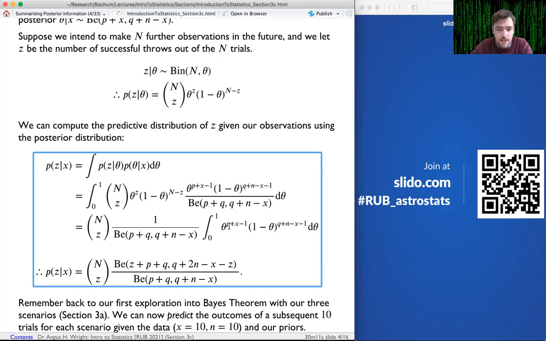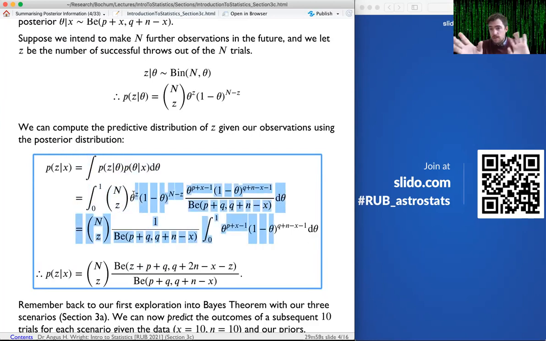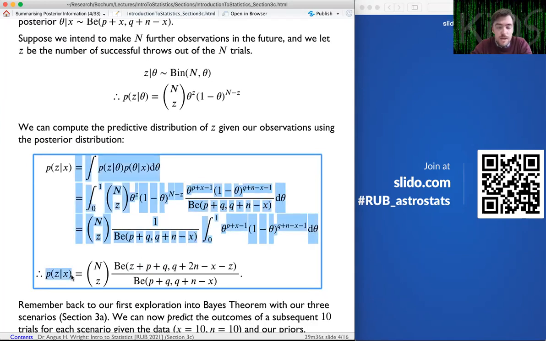And that beta function is of the same form, but now with parameters z plus p plus x and q plus 2n minus x minus z. So you can do all this yourself. It's literally just a simple rearrangement. And then the integration here comes from the fact that the beta distribution is a probability distribution. And so integrating it from 0 to 1 integrates to unity, given that normalization constant out the front, the beta function, which is where this additional term comes from. So we end up with this thing here, the probability distribution of z given x.